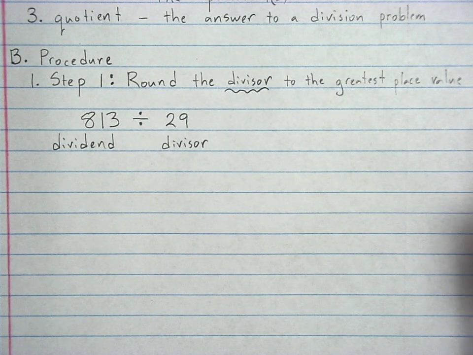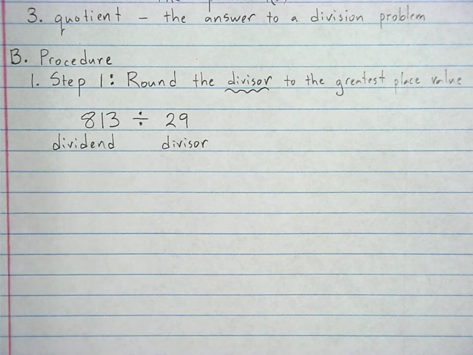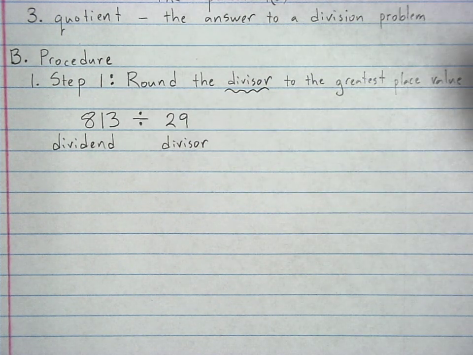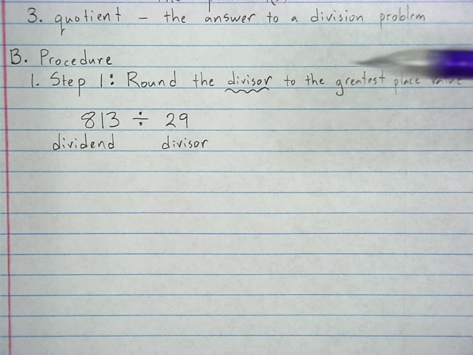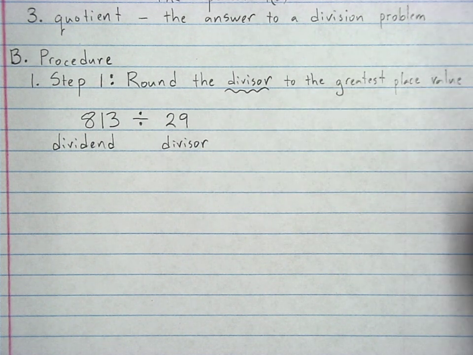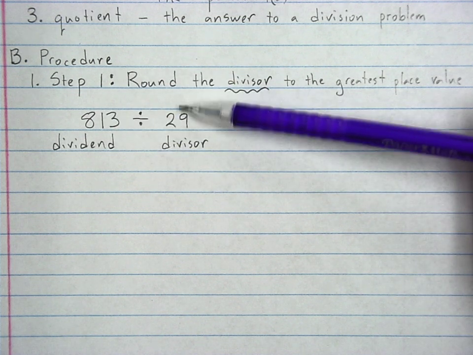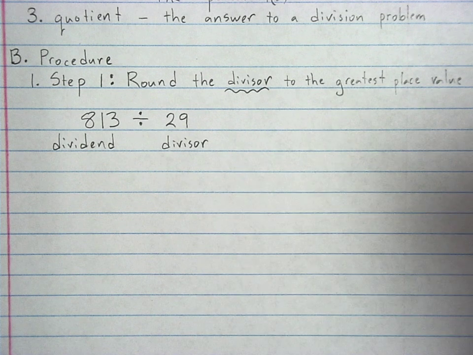How much would be in each group? Dividend, the whole collected assembly, whatever, 813 comic books. 29 is the number of stacks that I want to make, 29 stacks of comics. Or if I say I'm going to sell my comics 29 to a bag. That's ridiculous, but whatever. 813 divided by 29, dividend and divisor.